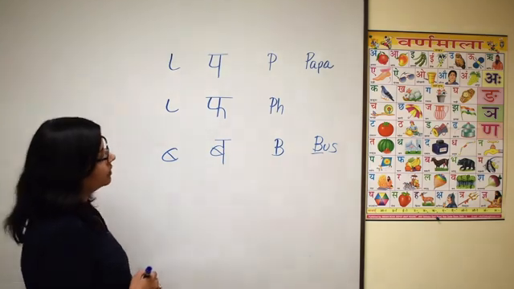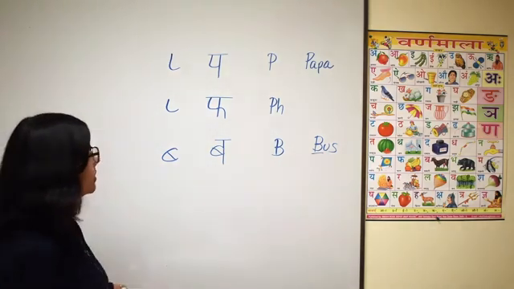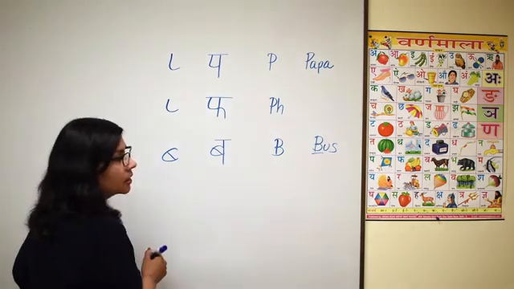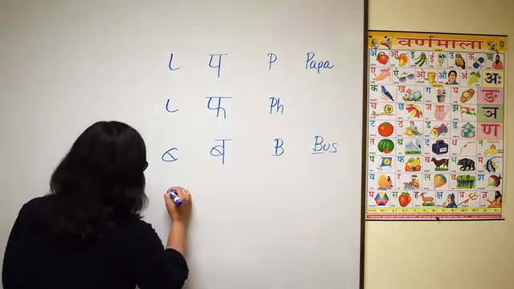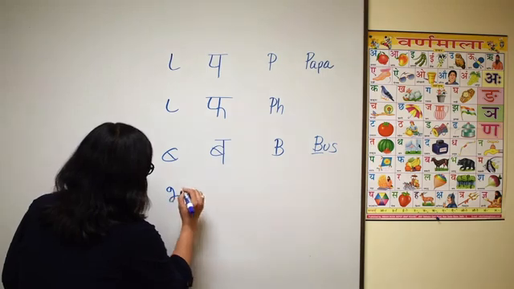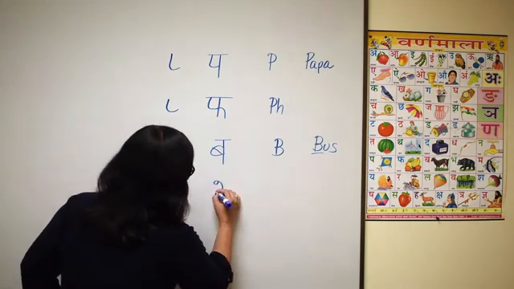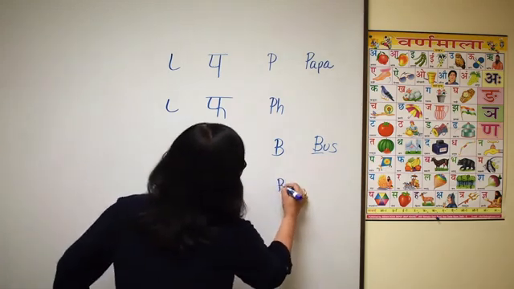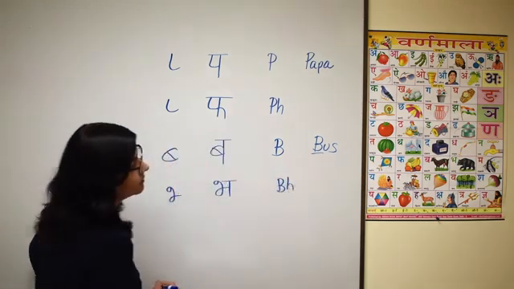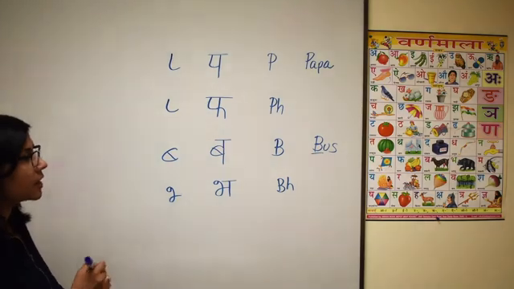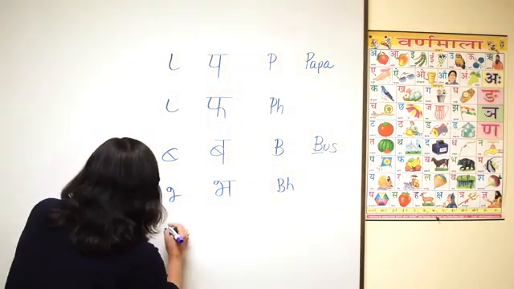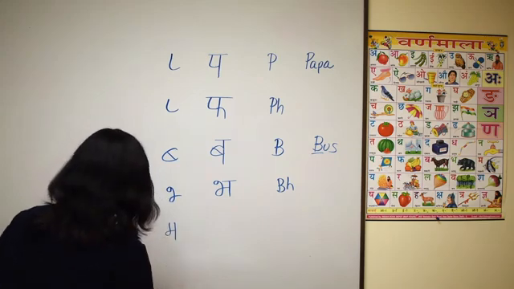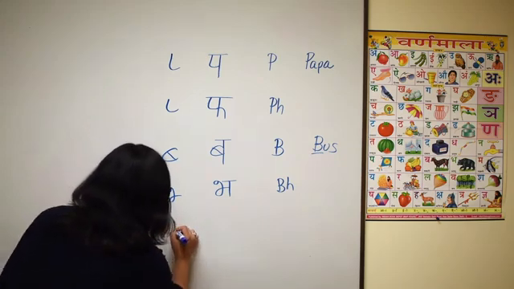Okay, and then the next one after that is the aspirated version of B, which is bha. And again we have that loop, okay, which we are not going to cover with the line. Okay, so that's bha. And then the final letter in that row is M. Let me show you in 2 steps.